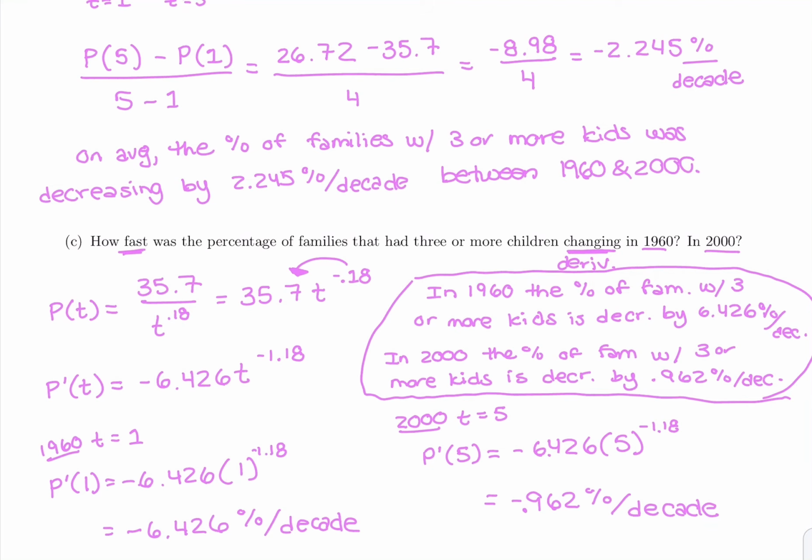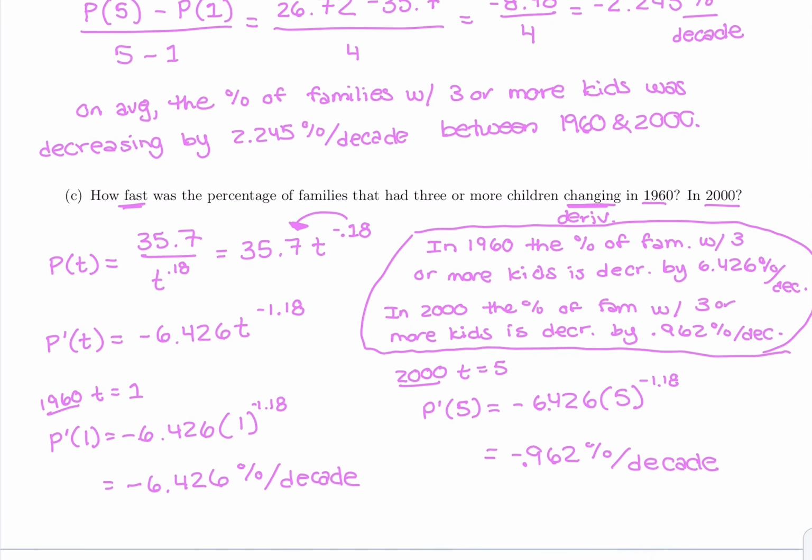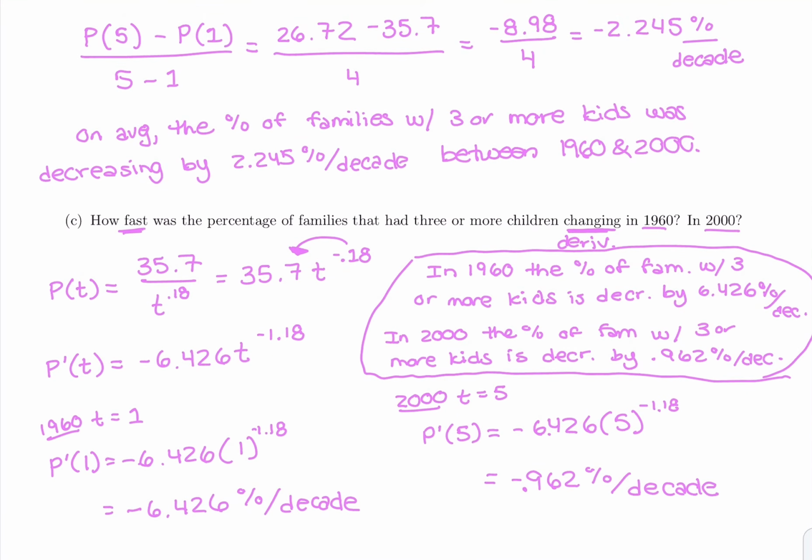So they're at 27% of families have 3 or more kids, and that's dropping by about 1% per decade at that point. So just a good example with some long units of how to find and interpret in the original function the slope or average rate of change between 2 decades in this circumstance, and then plugging in for instantaneous change into the derivative.